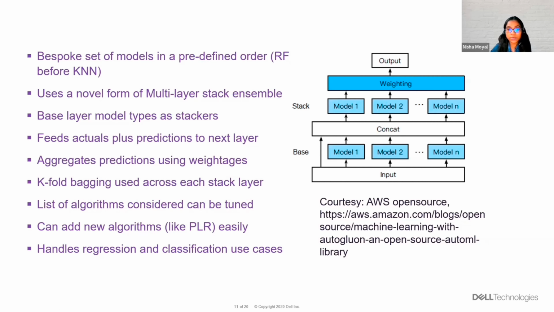As I mentioned, you can customize AutoGluon also, so you can add your own algorithm. For our trials, we did this for PLR, piecewise linear regression, and the integration was very smooth. This way we see that AutoGluon works efficiently for problems like regression and classification.